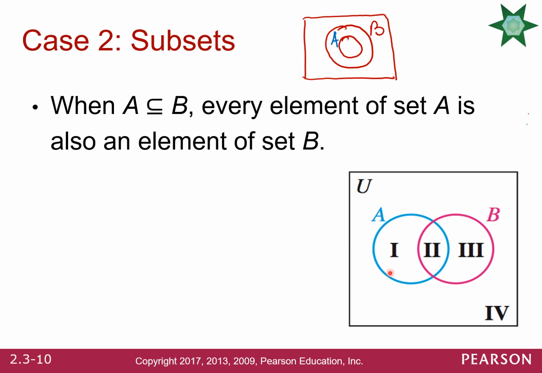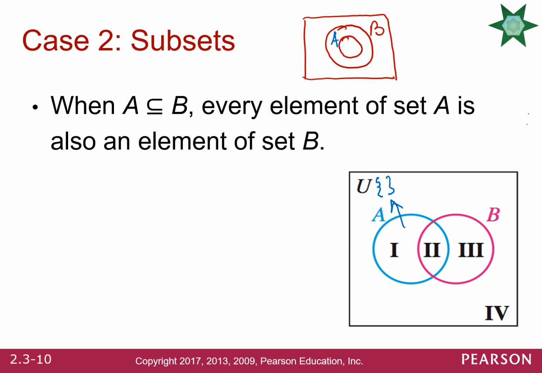When A is a subset of B, that means that region 1 would be an empty region, an empty set.